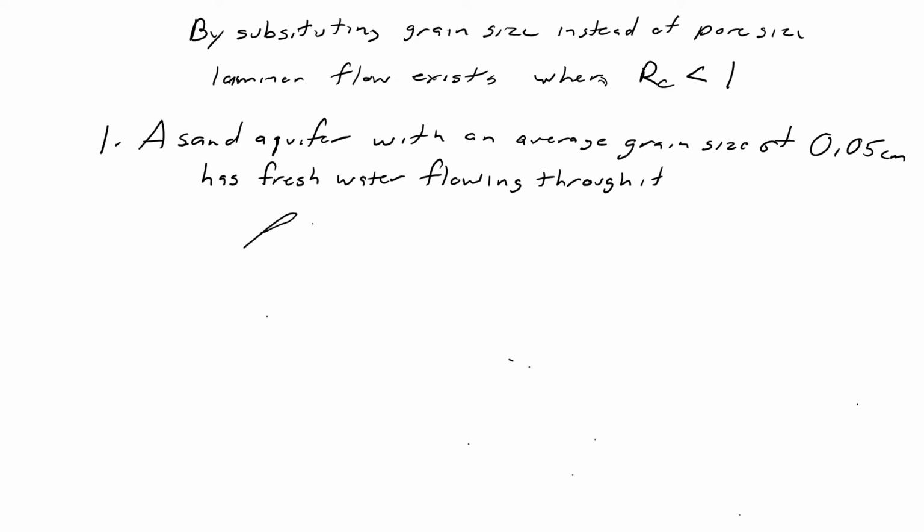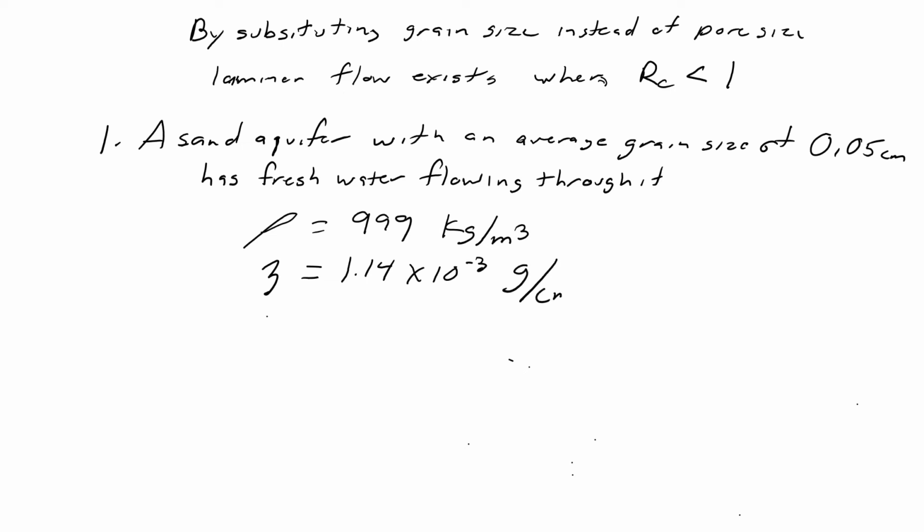The density of this fresh water should be right around 1,000 kilograms per cubic meter. This particular water measured 999. And the viscosity, and this is kind of a standard measure of viscosity for water, I don't expect you to memorize it, but most groundwater folks do eventually, is 1.14 times 10 to the minus 3 gram per centimeter per second.